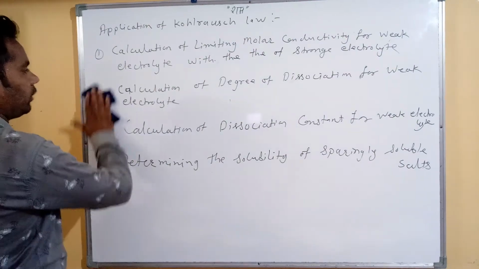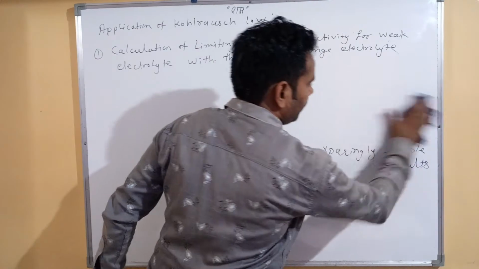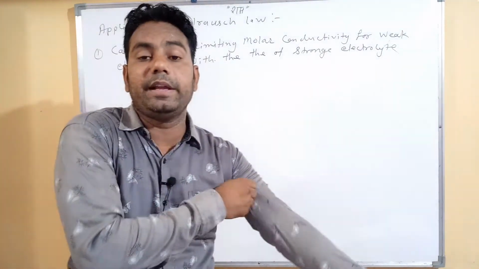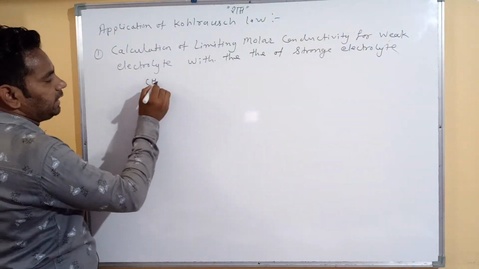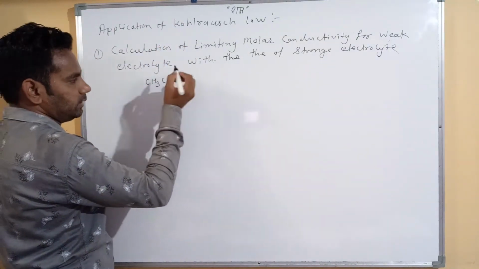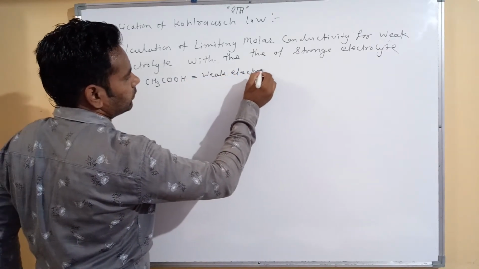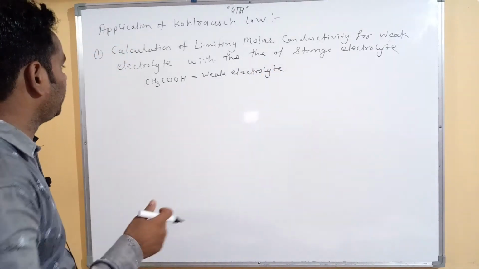First we take the calculation of limiting molar conductivity for weak electrolytes. Suppose we think about weak electrolytes. So we have one example: CH3COOH is a weak electrolyte. So we calculate the limiting molar conductivity of this weak electrolyte.